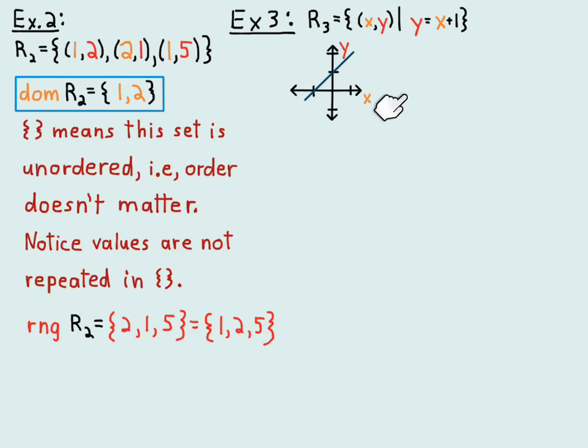So hopefully you can see I get all real numbers. Another way to see this, take this line and just flatten it straight down onto the x-axis. And you'll see you get the whole x-axis, which means the domain is all real numbers. And if you do that with the y's, flatten down to the y-axis, you'll see you also get all real numbers. So the domain and the range are all real numbers.